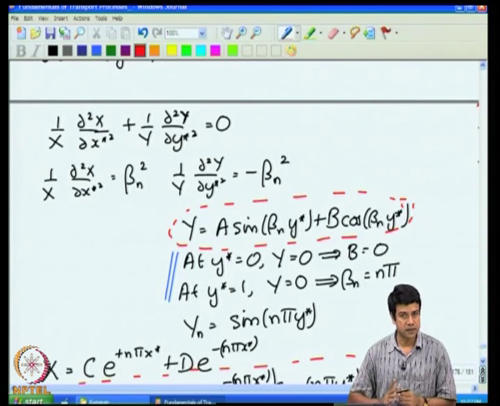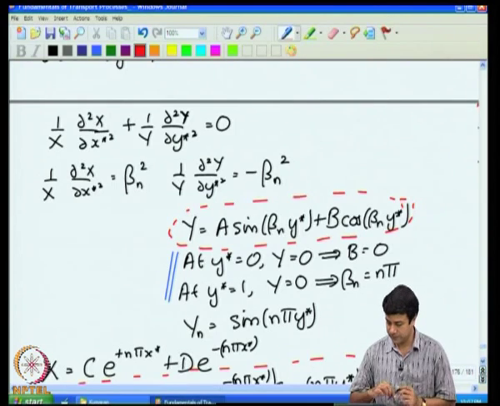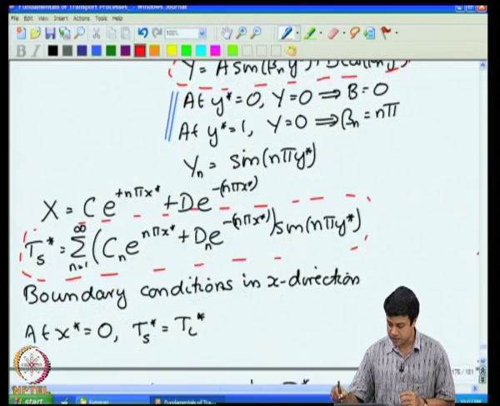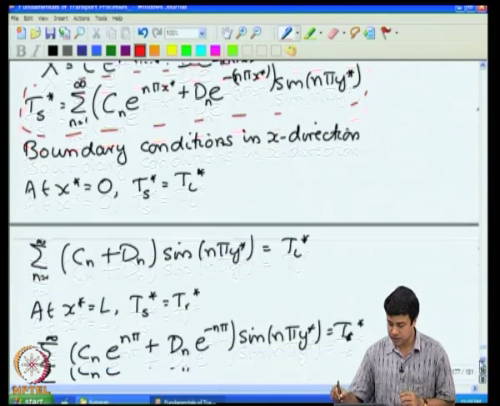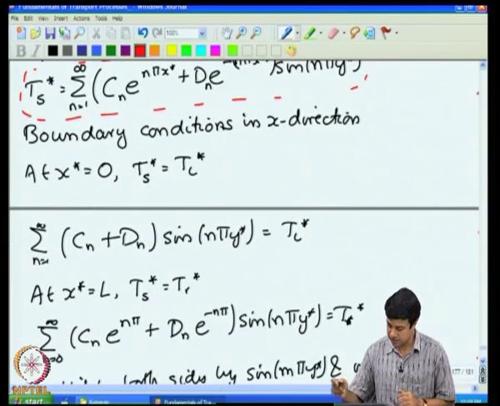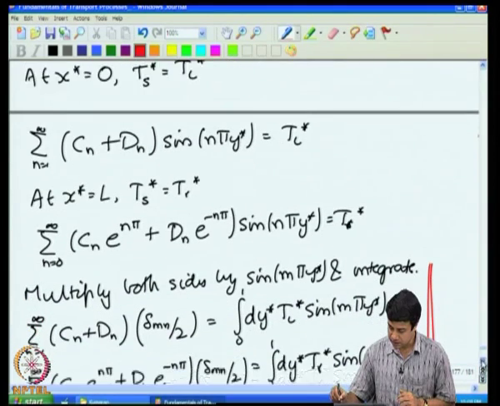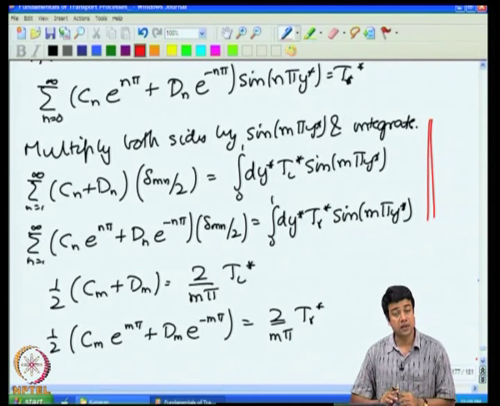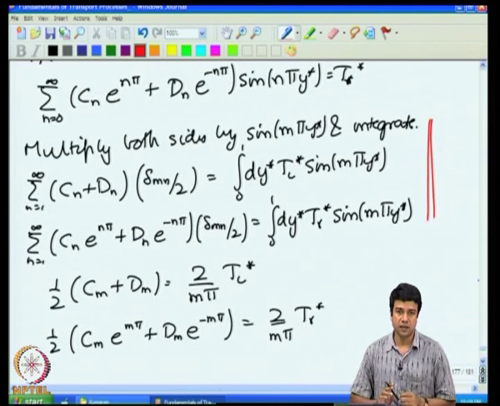If y is homogeneous, then x is inhomogeneous, you get exponentially increasing and decreasing solutions in the x direction. And the coefficients in these are determined using the orthogonality relations for the x direction. So, you get two simultaneous equations if you impose orthogonality relations. From that you can get both the coefficients. That was the steady solution.